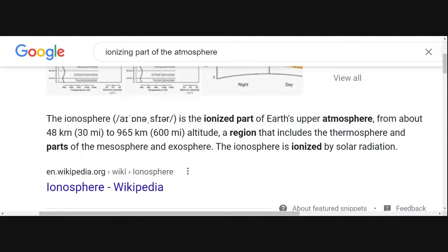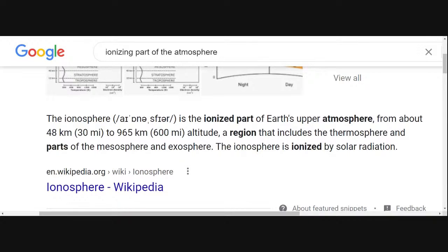So it says the ionosphere is the ionized part of Earth's upper atmosphere. It's still in our atmosphere, but it's in the upper part of our atmosphere. It says from about 48 kilometers, which is 30 miles, and it stretches all the way out to 960 kilometers, which is 600 miles altitude.